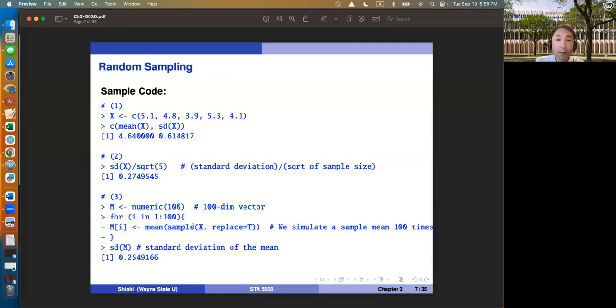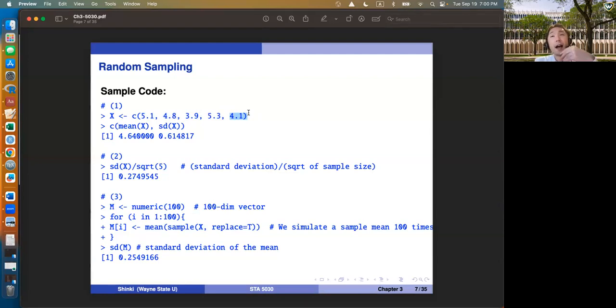X has 5 observations, so we take a sample of X with replacement: 5 observations from the original 5, but with replacement. That may be 3.9, 5.3, 3.9, 5.1, 4.1 or something.